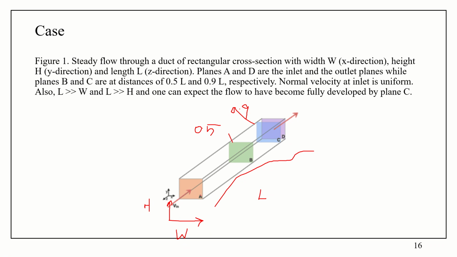It is a steady flow through a duct of rectangular cross section with width W in the x direction, height H in the y direction and length L in the z direction. Planes A and D are the inlet and outlet planes, and planes B and C are at a distance of 0.5 and 0.9 times L. And normal velocity at inlet is uniform.